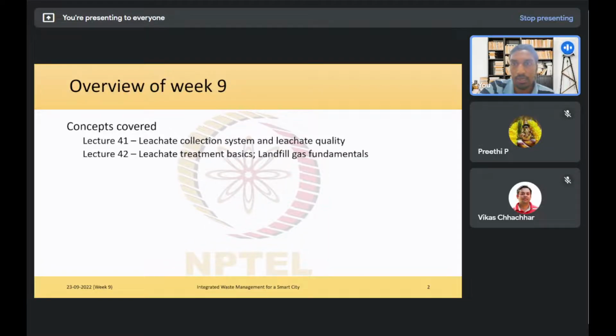In the second lecture, we looked at how we treat the leachate once we collect it, because we cannot directly dispose of it as it can contain contaminants from the waste in the landfill. Therefore, we need to treat it before we dispose of it.